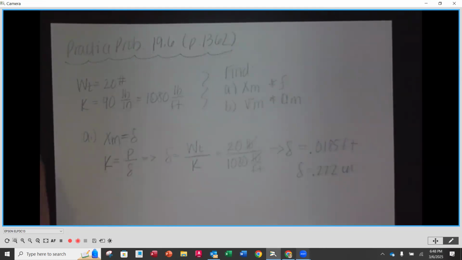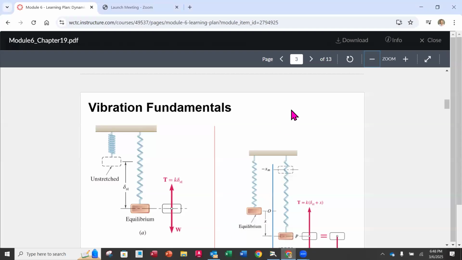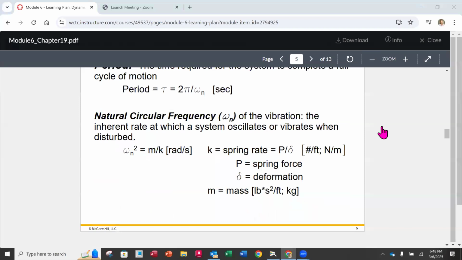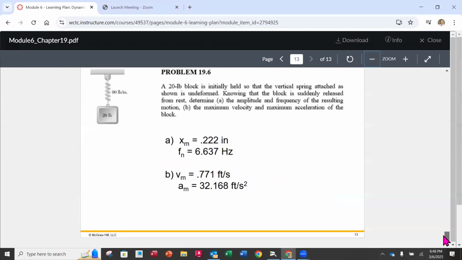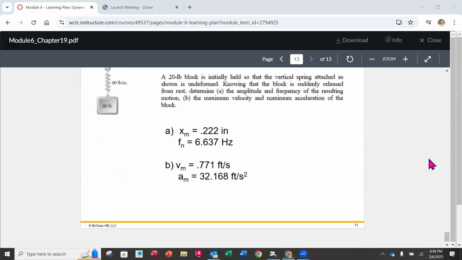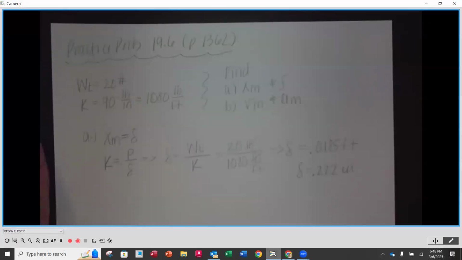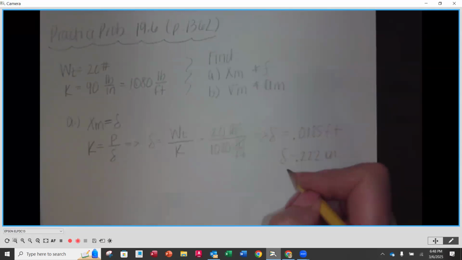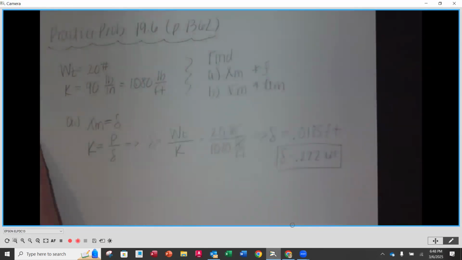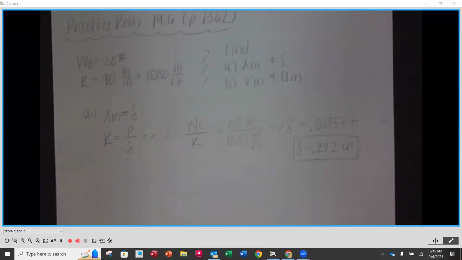I think that might be what I reported on our last one, all the way down at the bottom. I did it in inches because it's more relatable than such a small amount of feet. So 0.222 inches matches what we got. Either one would work for a final answer, but sometimes, depending on the units, inches in this case is more relatable than feet.